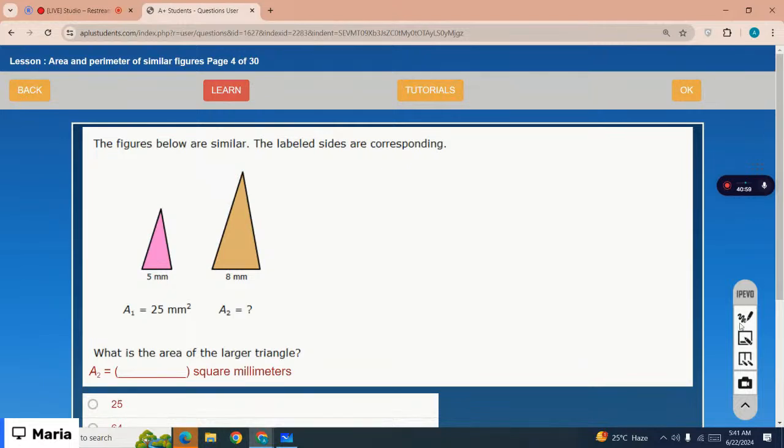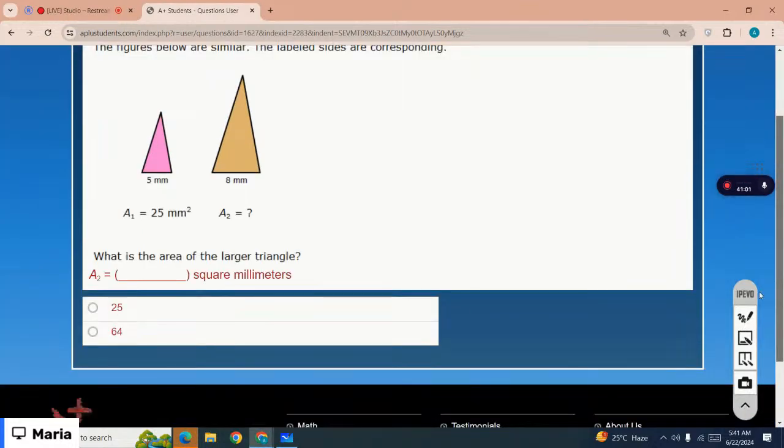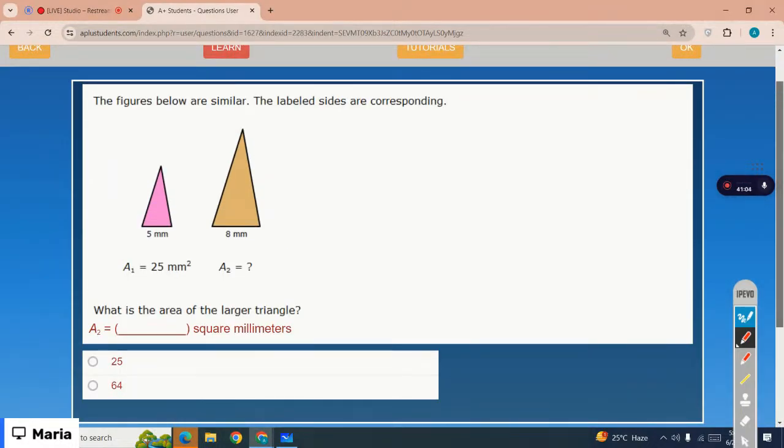So which is the correct option? That is 64.